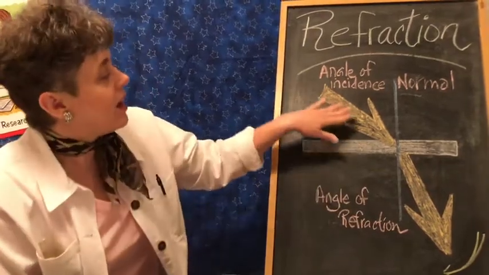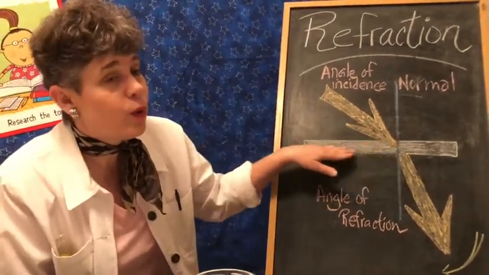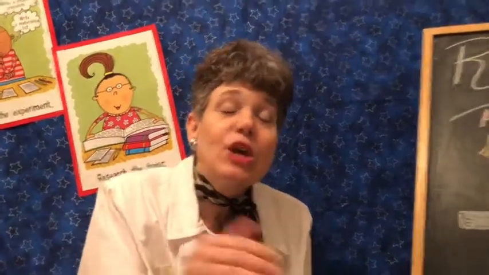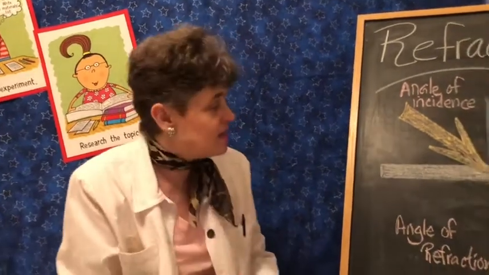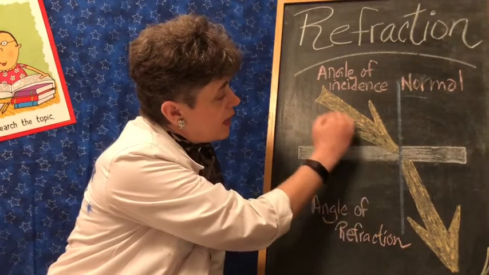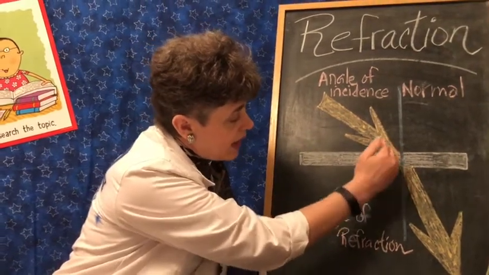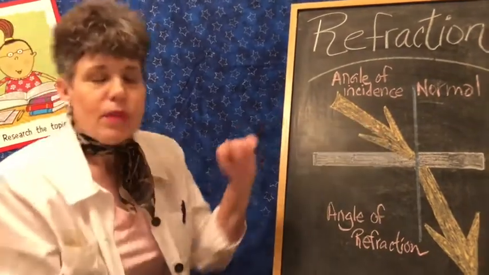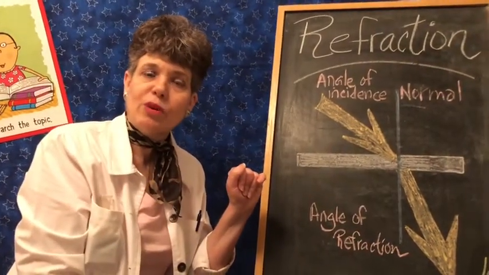So when that light ray hits a solid or liquid, what is it going to do? It's going to slow down and scatter around. It's going to bend. So that's what happens here: you see your light arrow hit the solid-liquid area and it will start to bend. So we have the angle of incidence. I think you've heard of that before when we discussed reflection.